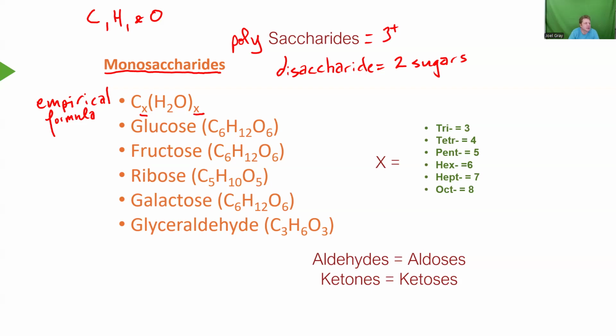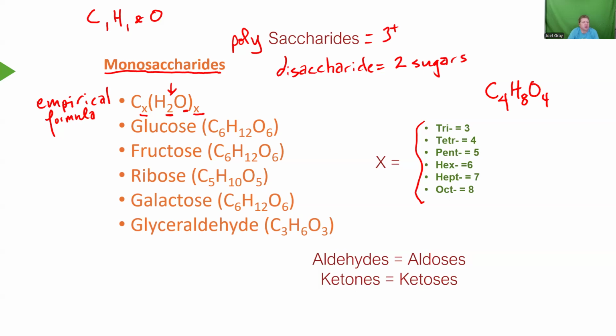What that means is that X can be any number of different numbers. So, for example, if you make a monosaccharide with four carbons, you would have a formula of C sub 4. Then you take this H2O right here and you multiply the 2, and the 1 that's not there for the oxygen, times 4. So you'd have C4H8O4.